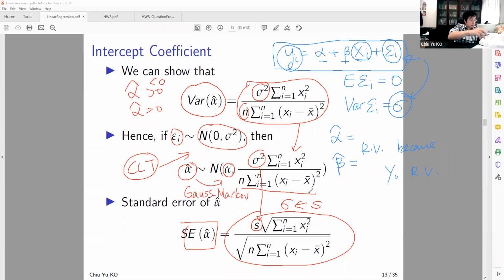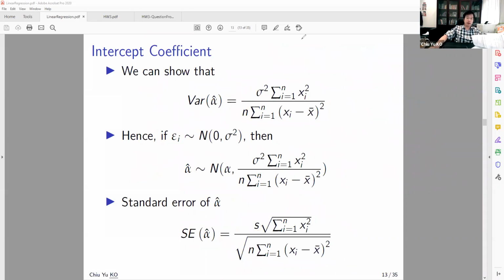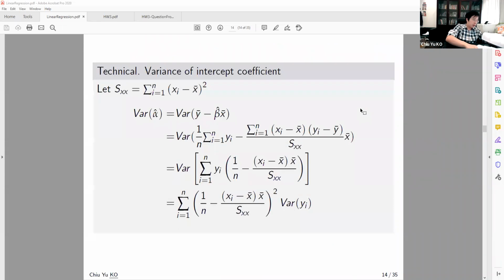So let me show you a quick proof of why this is true. We do it very quickly because it's not the main concern for us. Remember, x is exogenous. Let's define Sxx as the sum of squares total on x.